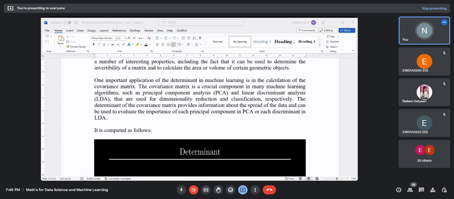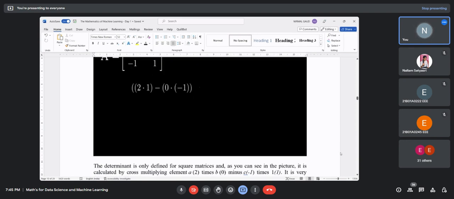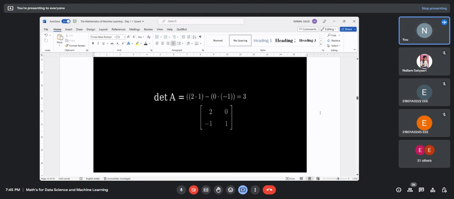All right, PCA and LDA I will discuss later. But you should know that these two unsupervised algorithms require the covariance matrix, and the determinant is helpful for calculating it. Here is the concept of the determinant, where we organize the scalar values.